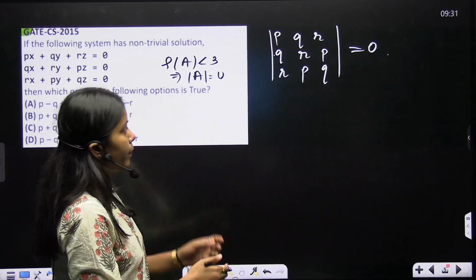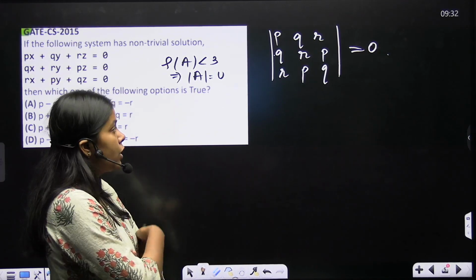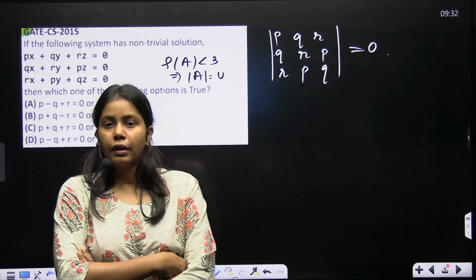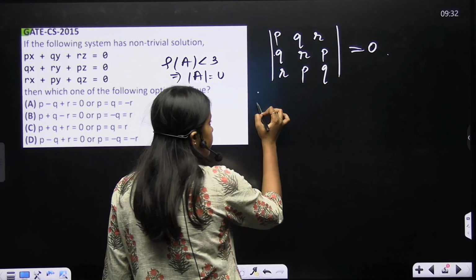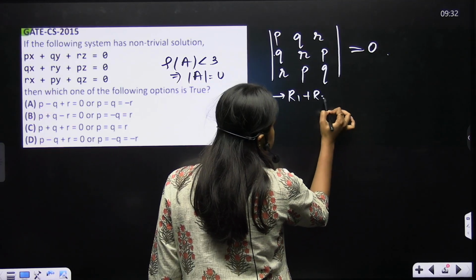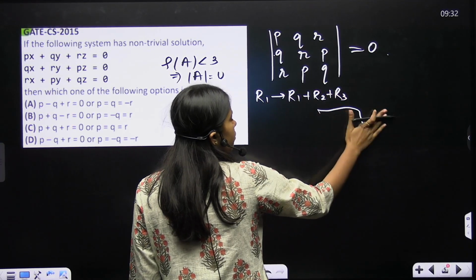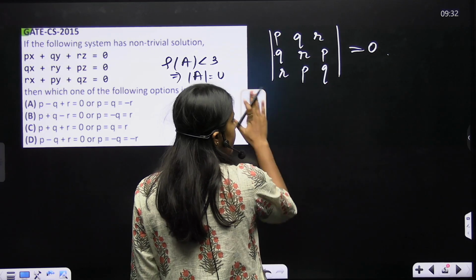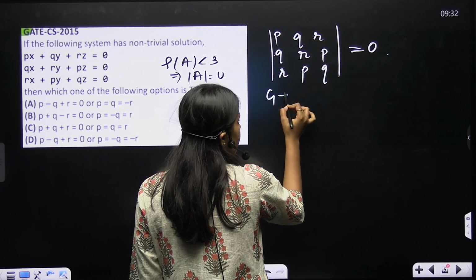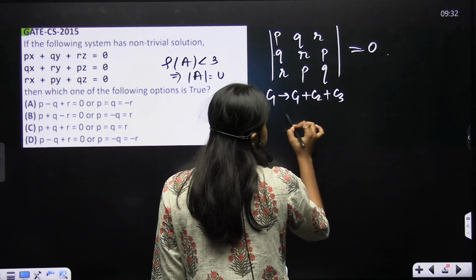I have to apply operations, column operations or row operations, with which I'll be able to find the determinant. So R1 tends to R1 plus R2 plus R3, because when we are working on a determinant, I can apply either column operations or row operations. I'll show you why I have done that.